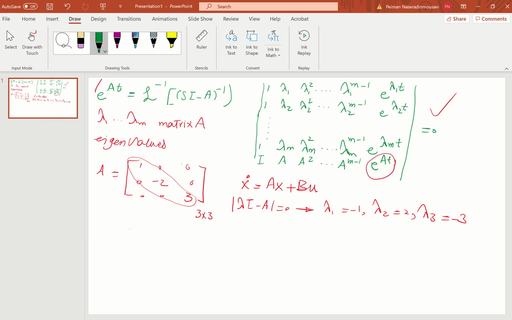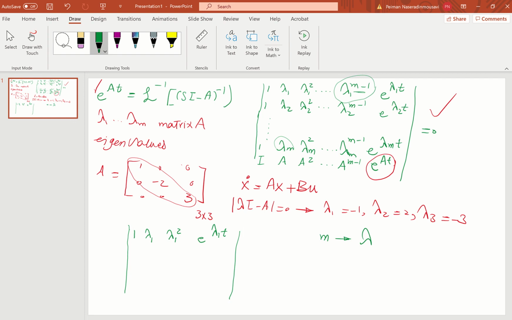So by having this, now you can apply the Sylvester method. How many eigenvalues do we have? 3. So m minus 1, 3 minus 1, is 2. So it's going to be 1, lambda 1, lambda 1 squared, and e^(lambda 1 t). Because we have 3 eigenvalues, the highest order here is lambda 1 to the m minus 1, 3 minus 1, which is 2, squared.